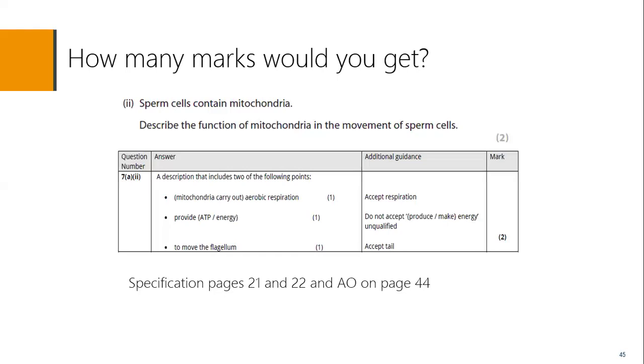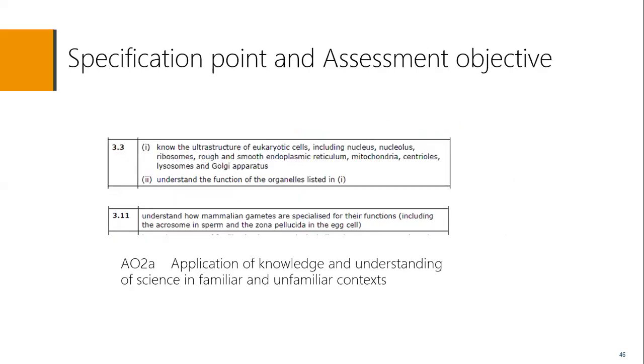And we would not accept that mitochondria or aerobic respiration produces or makes energy, because energy is not produced, it's transferred. We will accept tail instead of flagellum. We like flagellum, but we would accept tail.